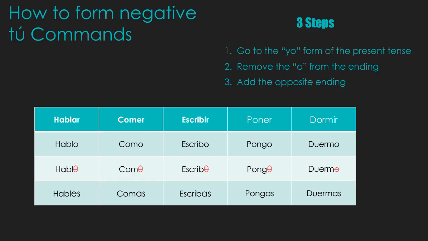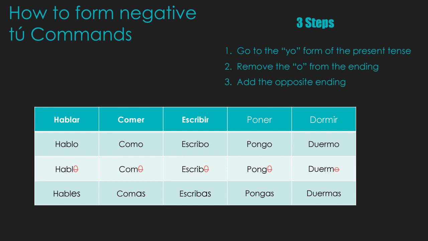If you're already good at forming usted and ustedes commands, forming negative tú commands is going to be a piece of cake for you, because we're going to follow the 3 steps that we learned when forming usted and ustedes commands. So those 3 steps are: 1, go to the O form of the present tense; 2, remove the O from the ending; and 3, add the opposite endings.